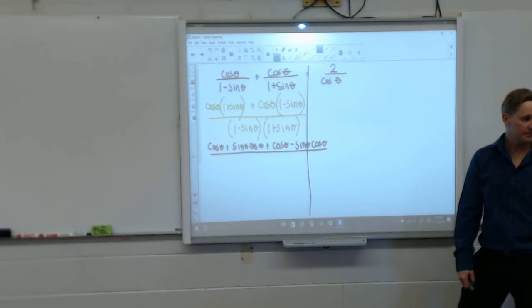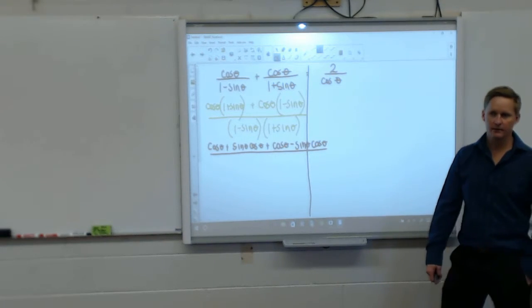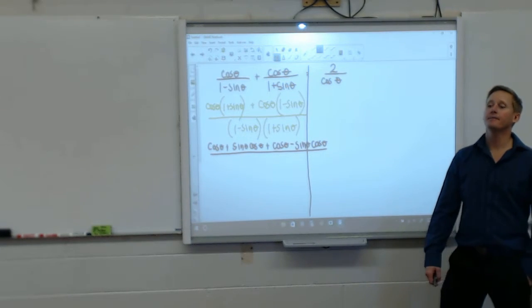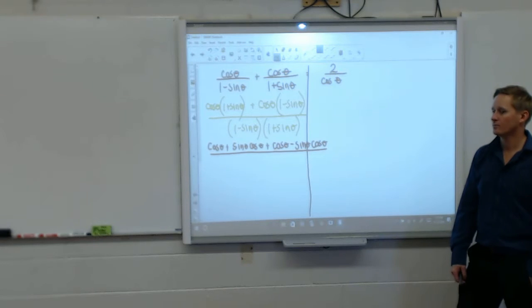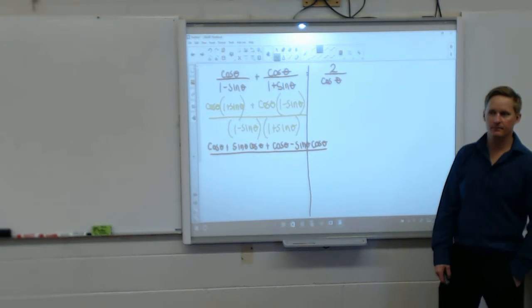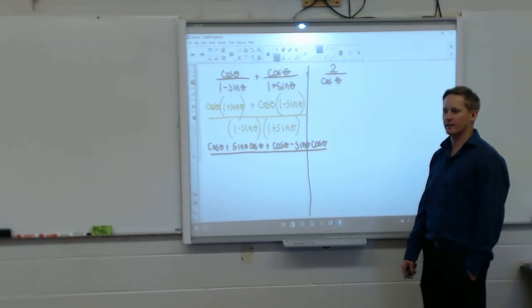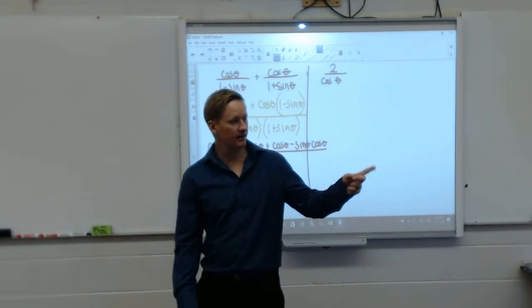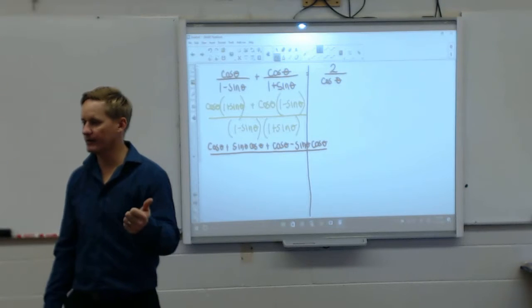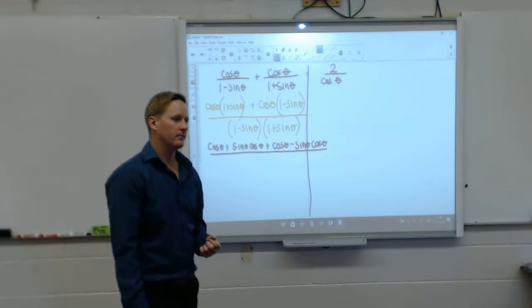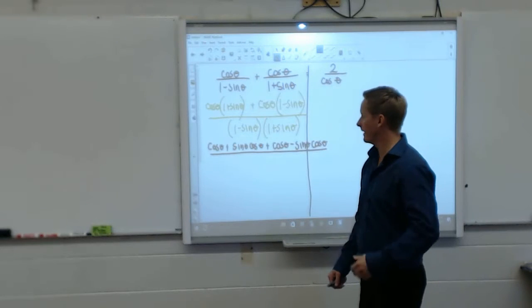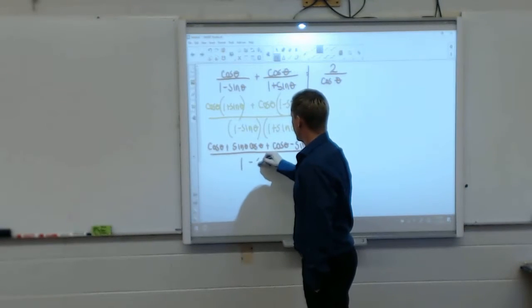Not quite. Which one is it? A minus B, A plus B, A squared minus B squared. What did we just talk about? Difference of squares. Right? 1 minus sine squared theta.